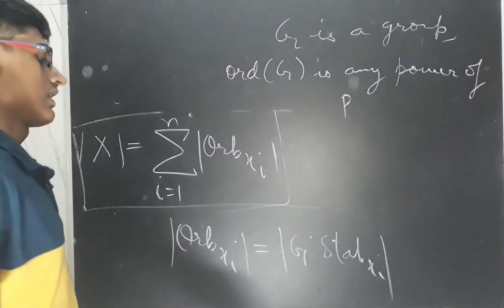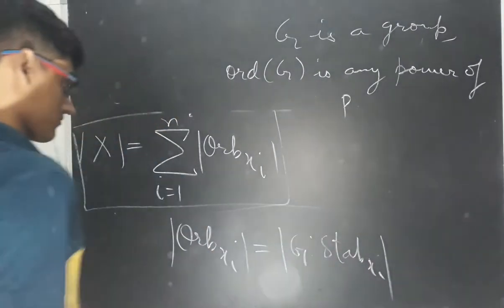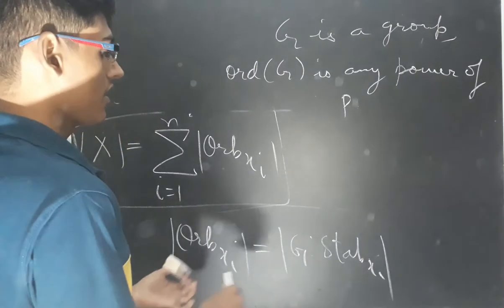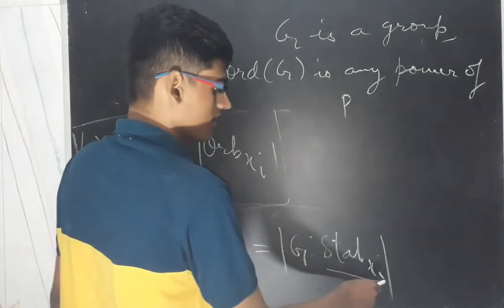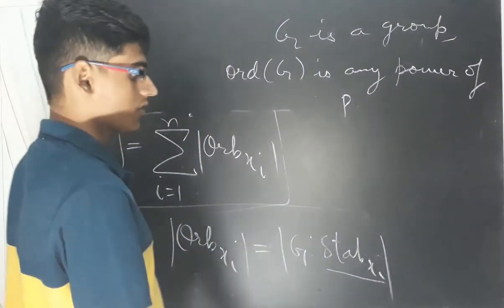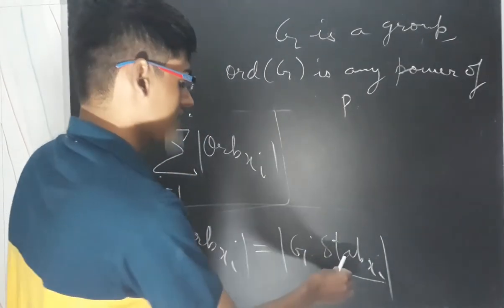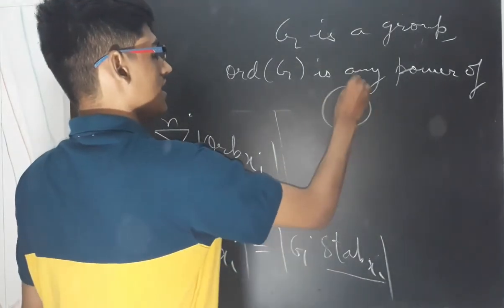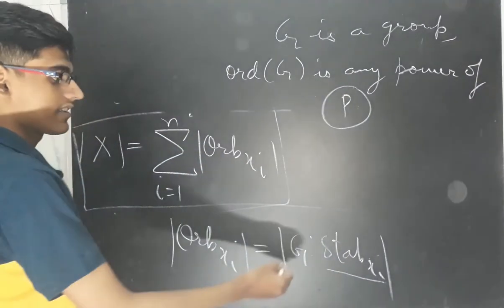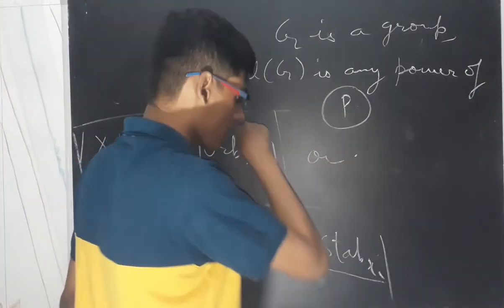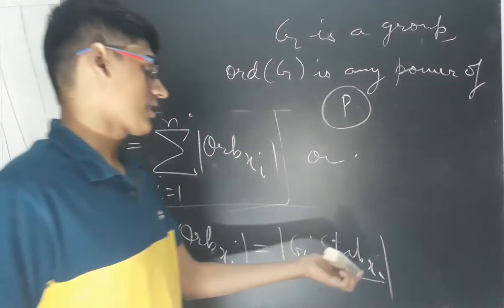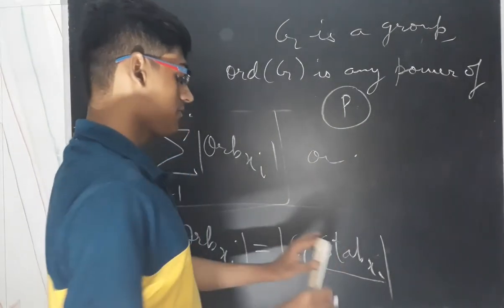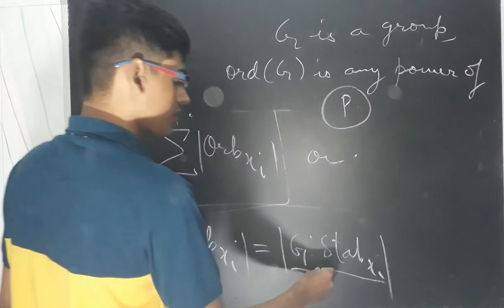According to Lagrange's theorem, the stabilizer is a subgroup of the group G, and the order of the stabilizer divides the order of the group, which is a power of p. So the order of the stabilizer is also a power of p, less than or equal to the order of the group.